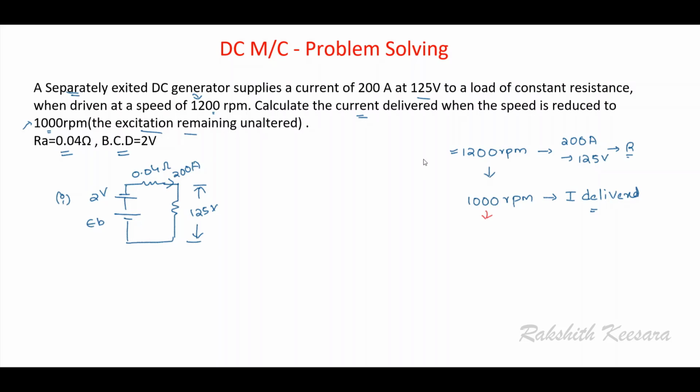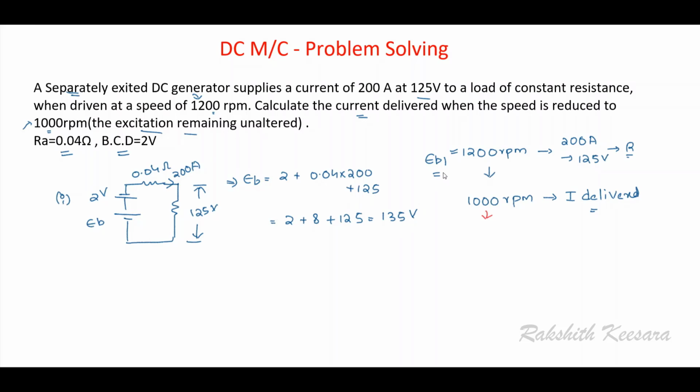So here we should calculate the back EMF EB1. How to calculate? Just write the KVL here. From this, EB will be 2 plus 0.04 into 200 plus 125. So this is 2 plus 8 plus 125, which is 135 volt.